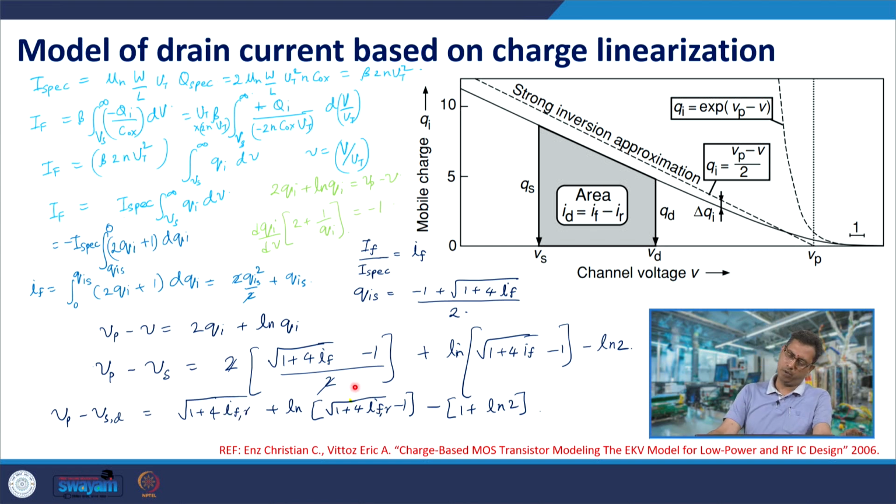It would be very small compared to If, so it is If which you will consider. In moderate inversion, both the terms would be important. In weak inversion, this would be very small and this term would dominate. So, we will use these in the next lecture to derive current values depending on the terminal voltages for weak inversion and strong inversion regimes.